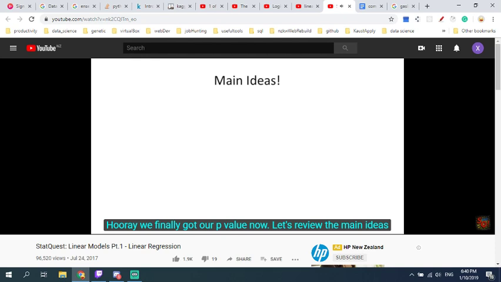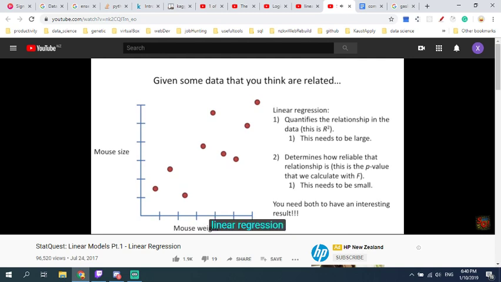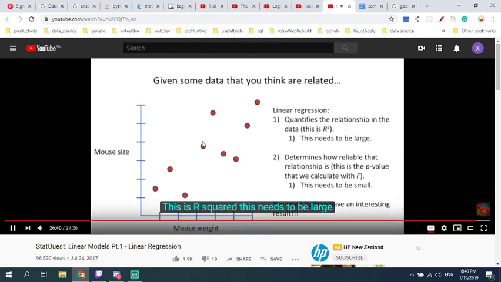Now let's review the main ideas. Given some data that you think are related, linear regression quantifies the relationship in the data. This is R squared. This needs to be large.